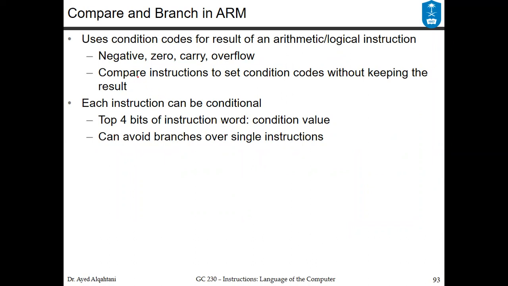Now, the compare and the branch in the ARM, they used condition codes for the results of an arithmetic or logical instruction. You have negative, you have 0, you have carry, and you have overflow. So for each instruction, there is a status for it. If that instruction caused an overflow, there is a flag for it. If that is true, this flag would be 1.